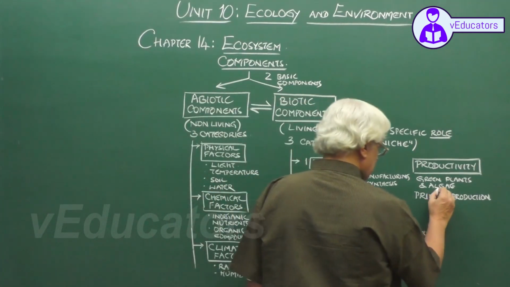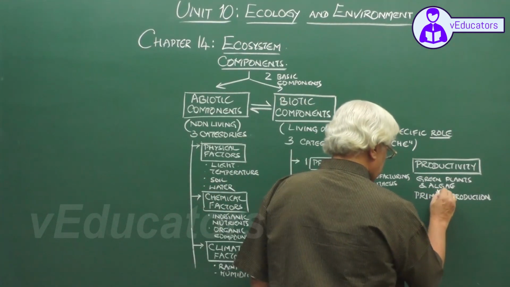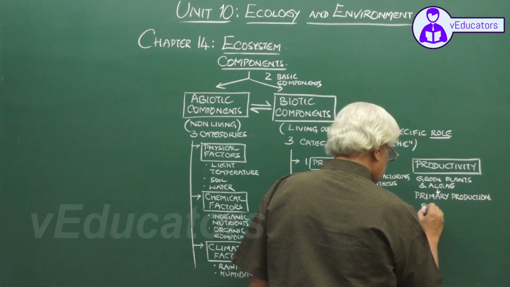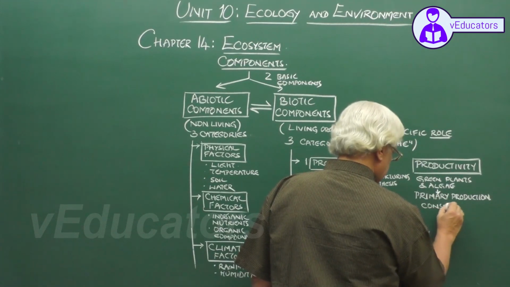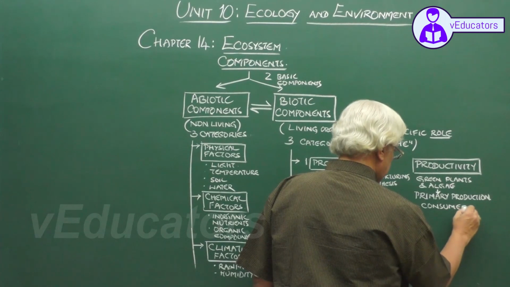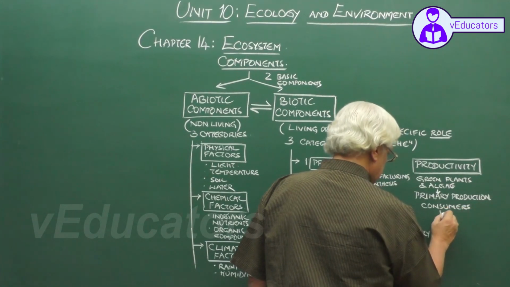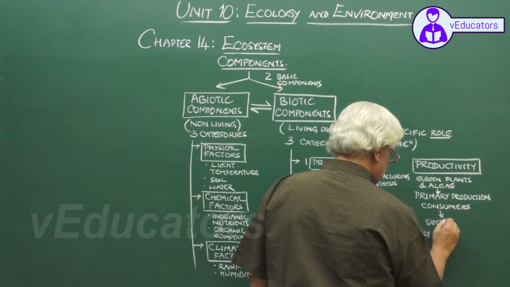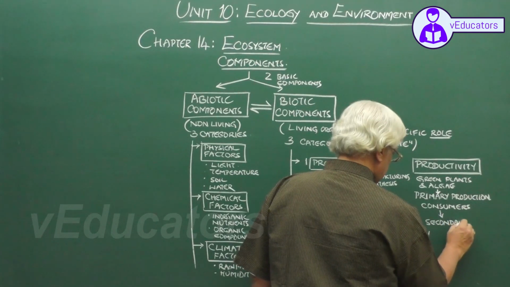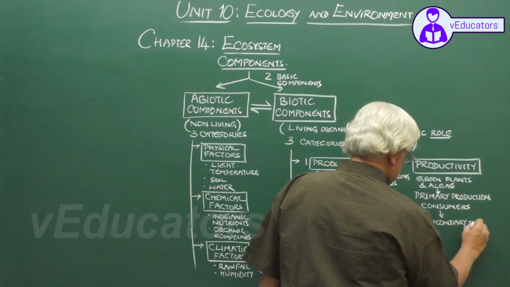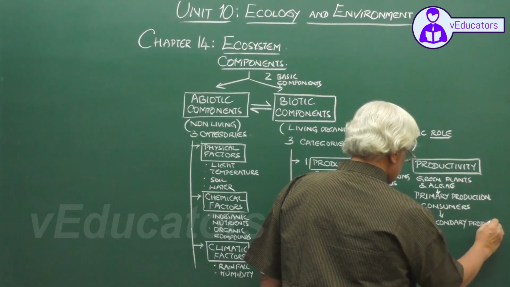Whereas the role played by consumers in the ecosystem is called secondary production.